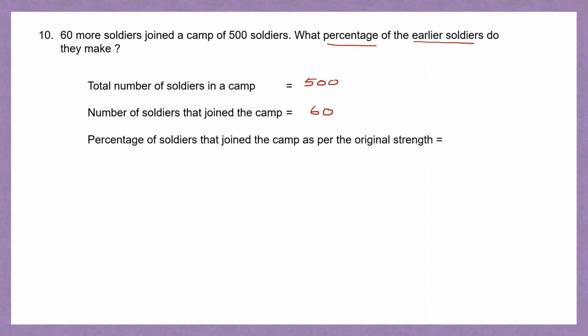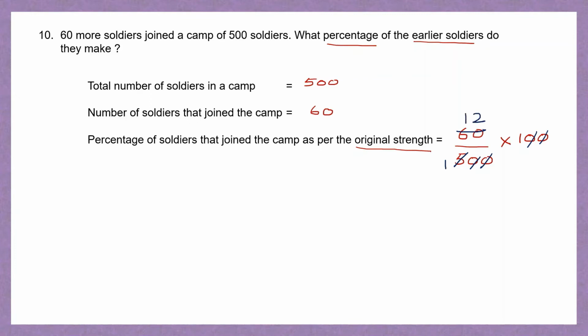So to find the percentage, we have to take 60 and original strength was how much? 500 soldiers. It's given. 60 by 500. To find the percent, multiply by 100. So let's multiply. Cancel the zeros. 2 zeros there, 2 zeros here. Now 60 and 5, I can cancel both by 5. 5 ones are 5. 5 12s are 60.